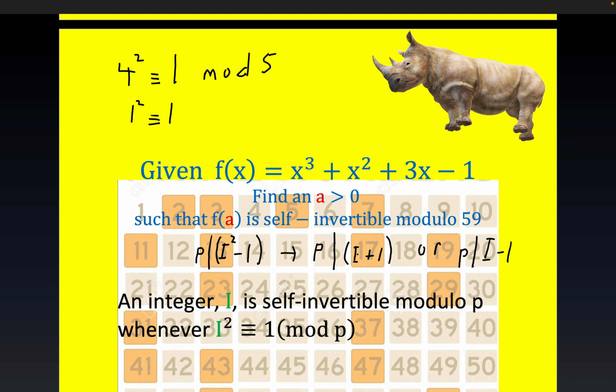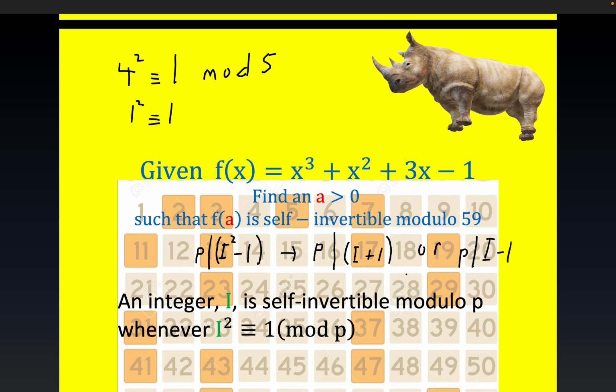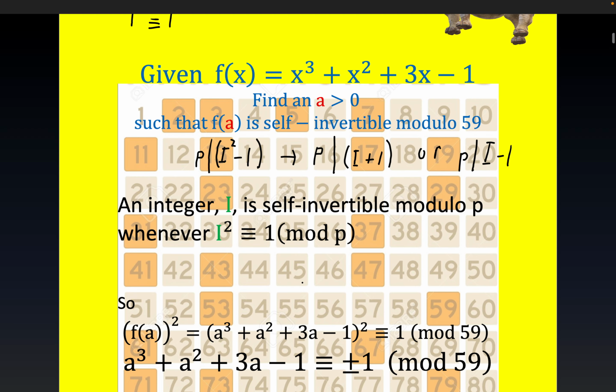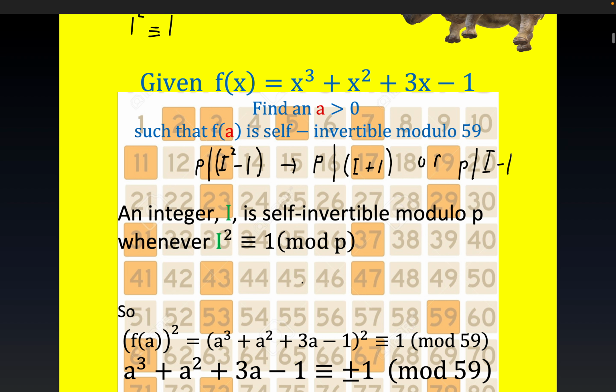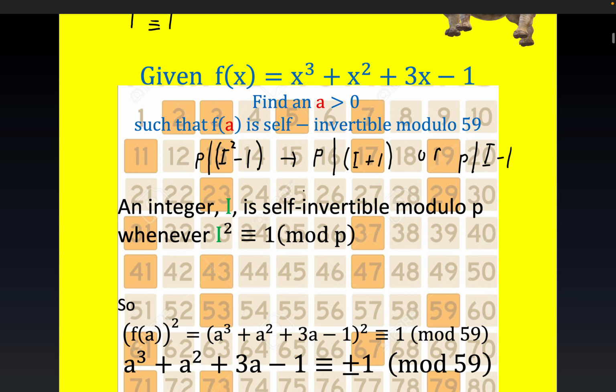In other words, I plus 1 or I minus 1 are the only possibilities. That's just a property of prime numbers, okay? So let's move along. Now, we're trying to find an a such that f of a is self-invertible, and so literally we're doing this definition on this line right here, except it's for the image of the function.